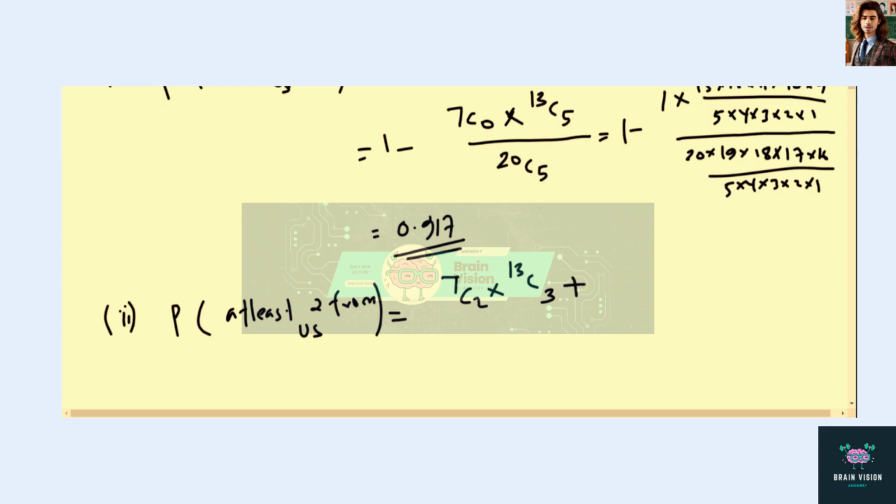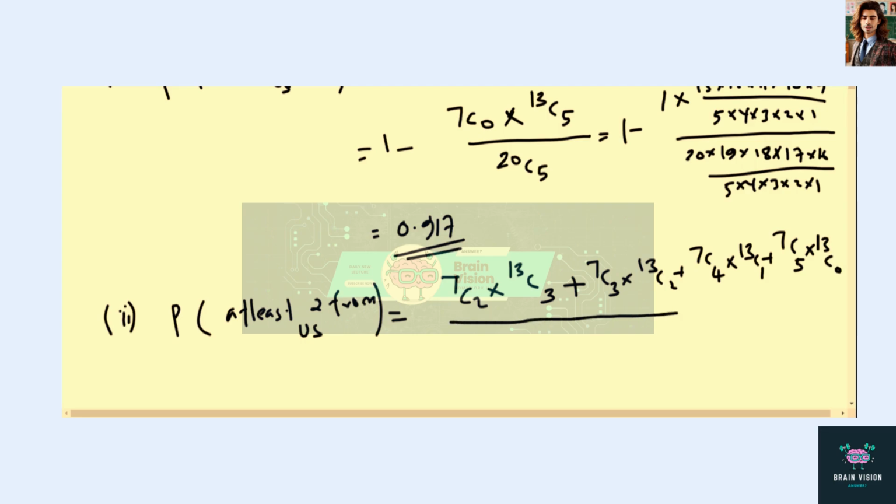Or at least 2 means it can be 3, it can be 4, or it can be 5. So similarly we get 7C3 into 13C2, 7C4 into 13C1, and finally, everything we are selecting from US and from the remaining 13 we are not selecting anything, that is 13C0.